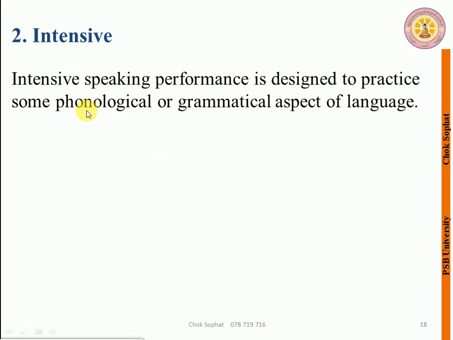We can set the speaking activity by practicing the sounds of the language or the grammar point that we have touched. So we set the activity for intensive speaking performance by using the target language that you taught the students, like the phonological or grammatical aspect of the language.